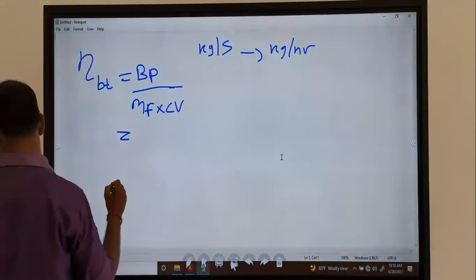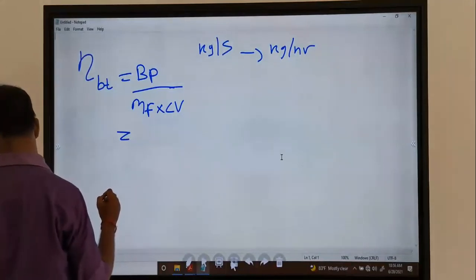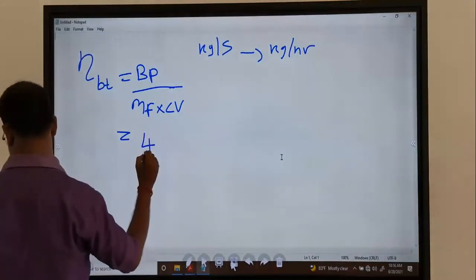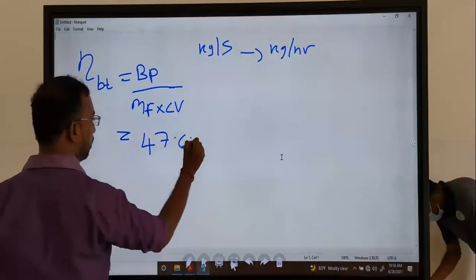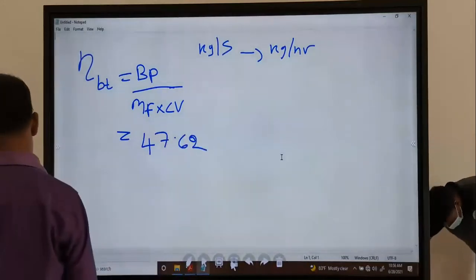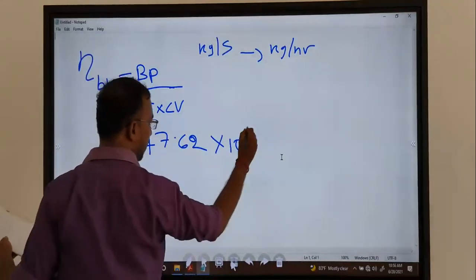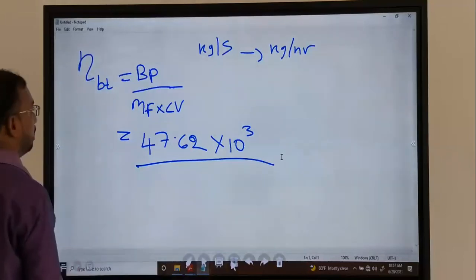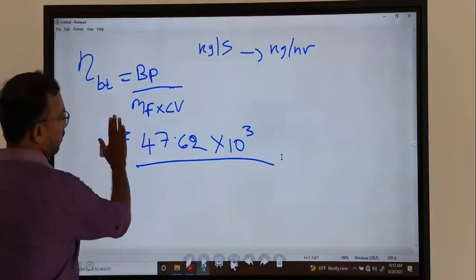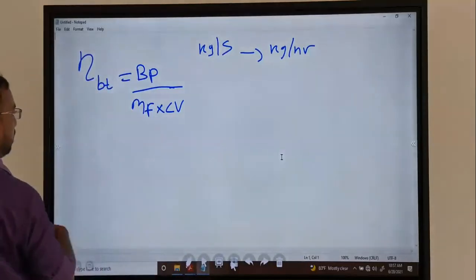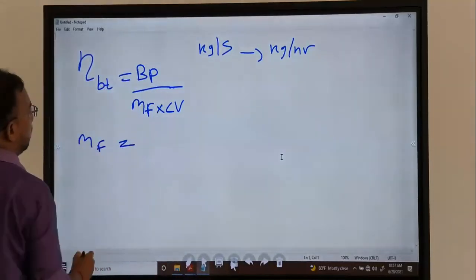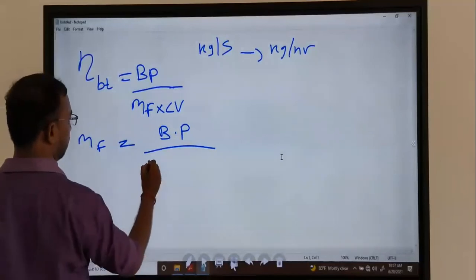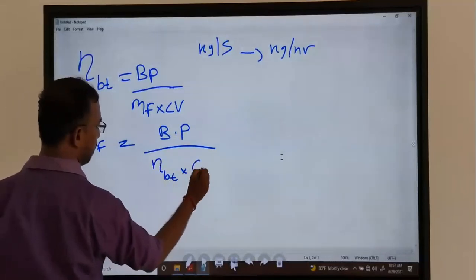So here the brake power we already got, the value 47.62. Here we apply it in watts, not kilowatts, so this is the brake power in watts. First we need to find MF, which is brake power over brake thermal efficiency into calorific value.